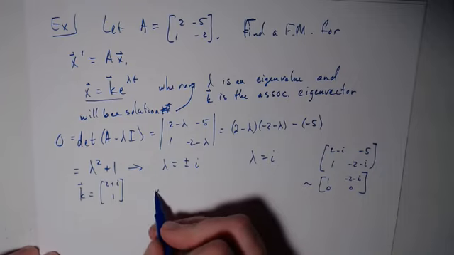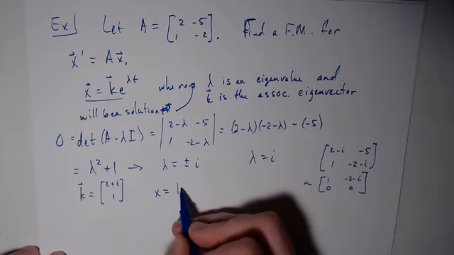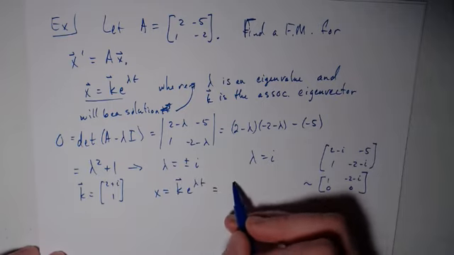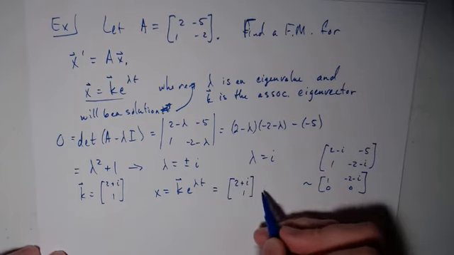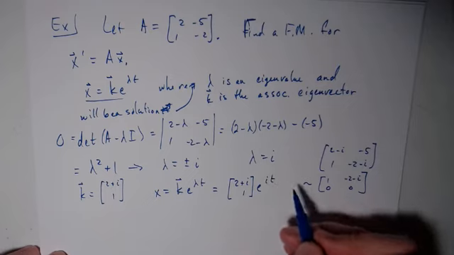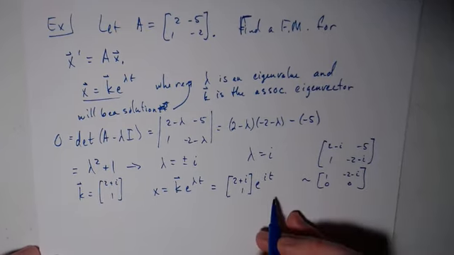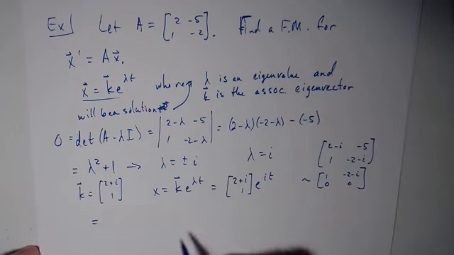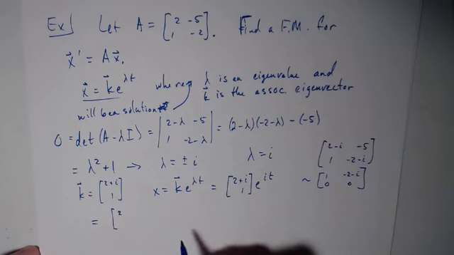So then x equals k e to the lambda t, and that's going to be equal to 2 plus i, 1, e to the it. So now we write that out as the real part and the imaginary part.